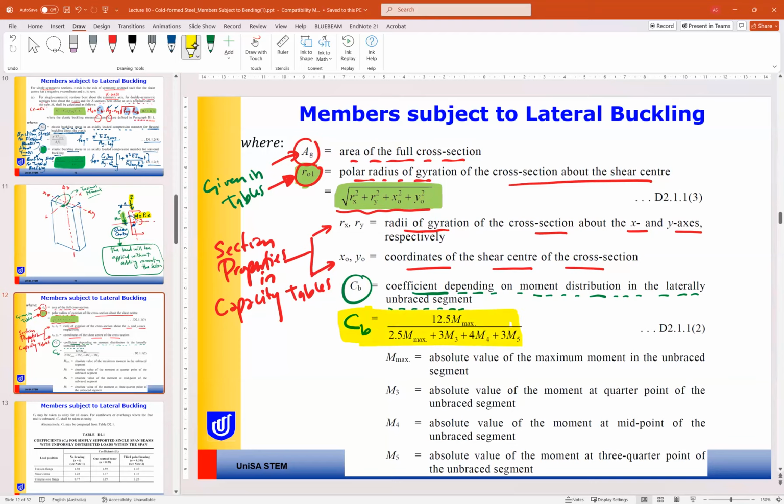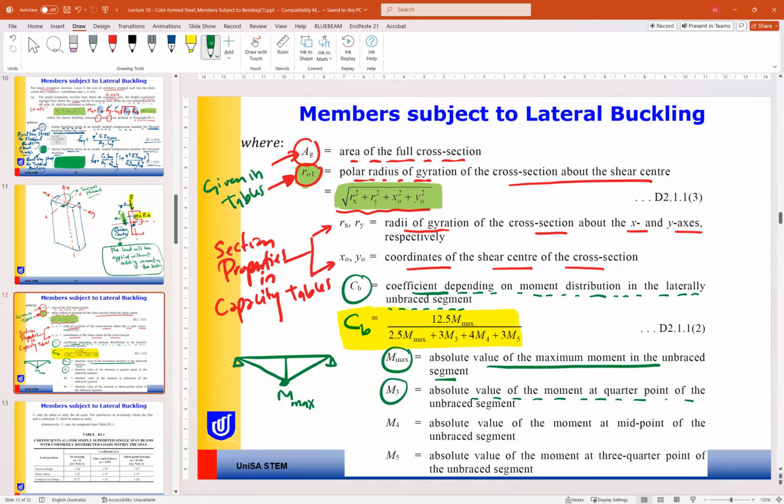Have you seen something like this before? We have a similar value for hot rolled sections for the moment distribution on the segments, where Mmax is the absolute value of the maximum moment of the unbraced segment. So for example, if you have a segment like this, Mmax is the maximum value here. M3 is the absolute value of the moment at the quarter point of the unbraced segment.